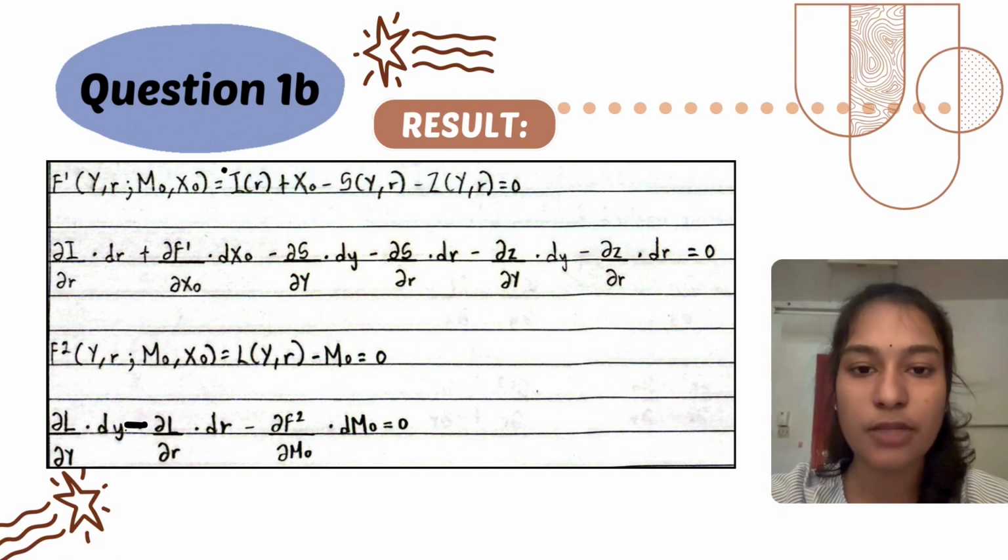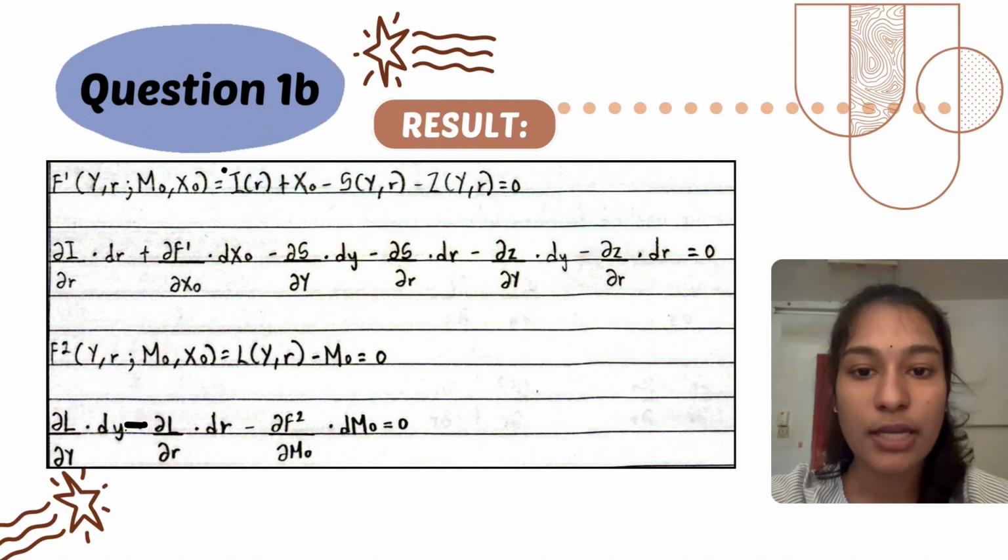To find the specific implicit form, we have to partially differentiate the entire functions. For f1, y, r, mo and xo should be equal to I in the bracket of r plus xo minus s in the bracket of y and r minus z in the bracket of y and r, and should be equal to 0.